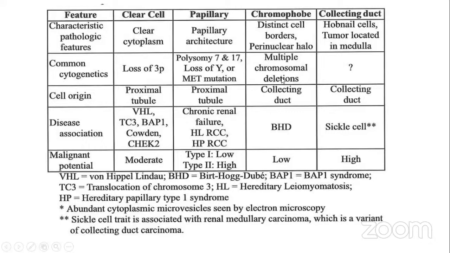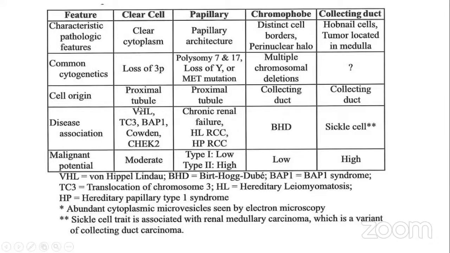This is the cytogenetic feature of importance for chromophobe. The collecting duct has no clear cytogenetic features.